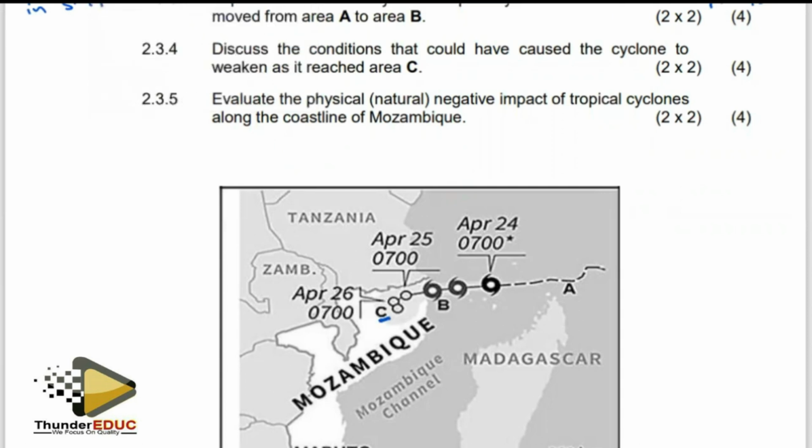Let's proceed to question 2.3.5, which says evaluate the physical negative impact of the coastal cyclones along the coast of Mozambique.